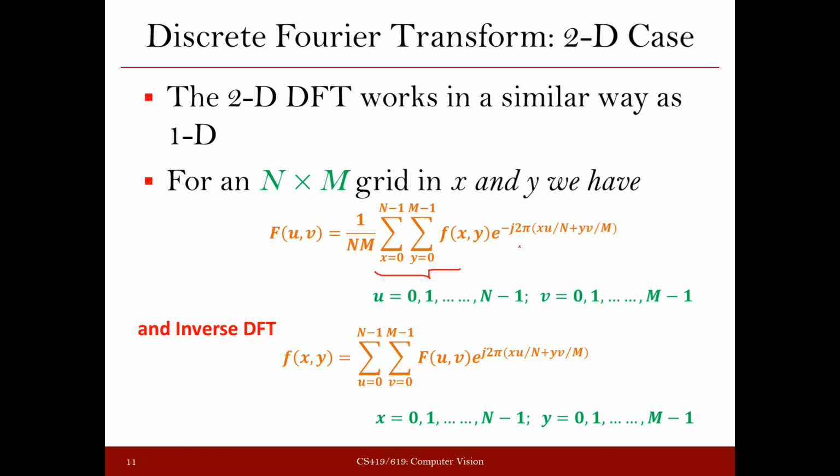And as we saw in the 1D discrete case, we had a coefficient in front of the expression. Here also we are going to have this coefficient, which is 1/(nm), in front of this expression.